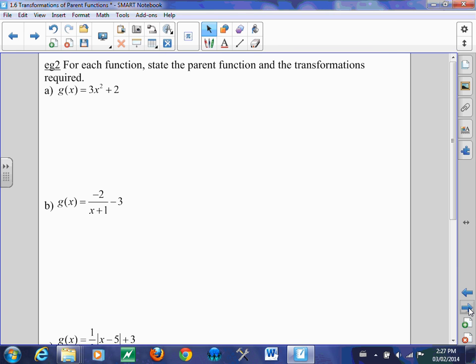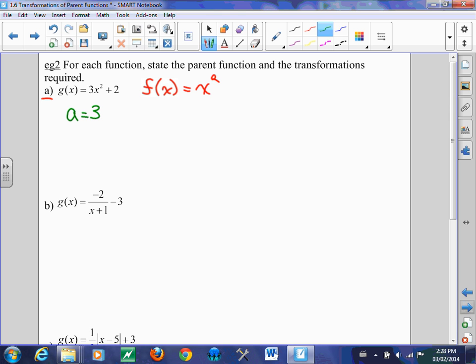Okay. For each function, state the parent function and the transformations required. Well, first of all, hopefully you recognize in part A, the g of x, that our parent function, which is f of x, is really x squared. So that means it's a quadratic. Okay, and then it says to state the parent function, that's what we just did, and the transformations required. So all you do is say, hey, what's my a, d, c value? So in this case, a equals 3. What does that tell us?